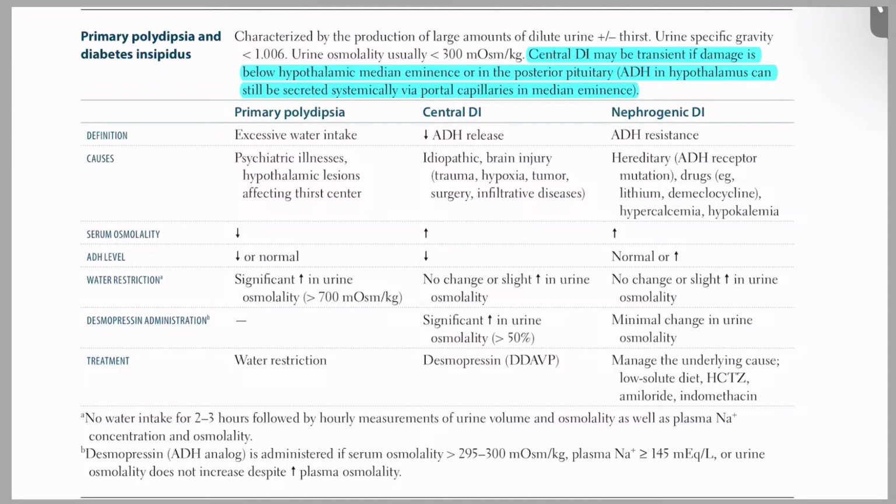Central DI, decreased antidiuretic hormone release. Causes: idiopathic, or brain injury such as trauma, hypoxia, tumor, surgery, infiltrative disease. Serum osmolarity increases. ADH level decreases.